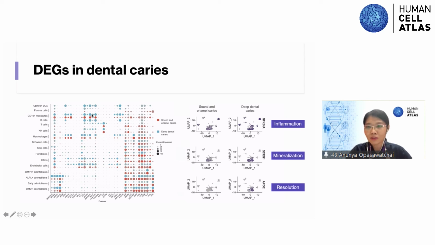Then we also found genes related to mineralization that are upregulated in the odontoblast subsets, especially the OMD-positive odontoblasts. And apart from that, we also found genes associated with resolution of inflammation, such as ApoE, which were upregulated in the odontoblasts.